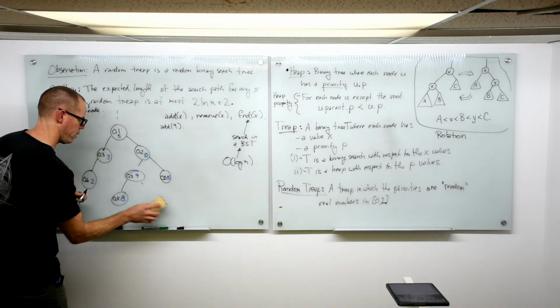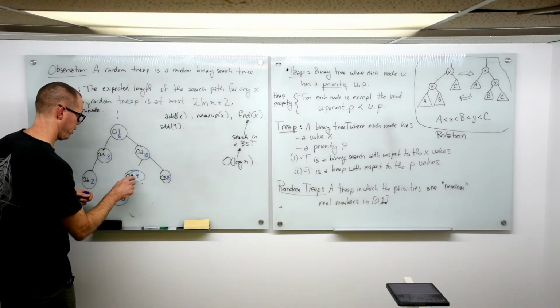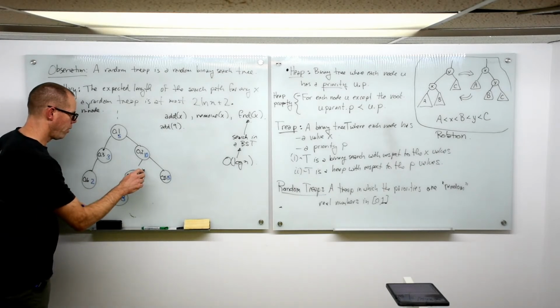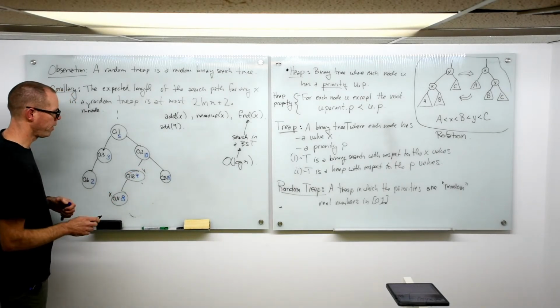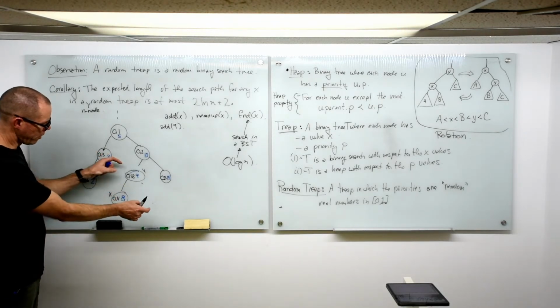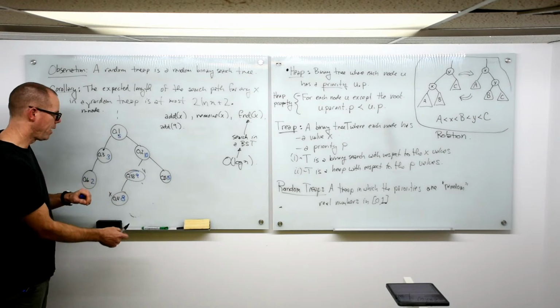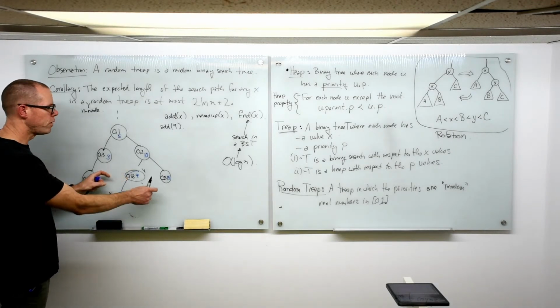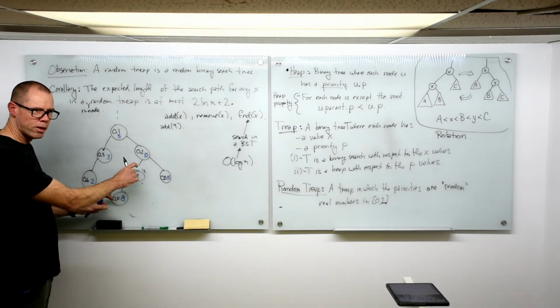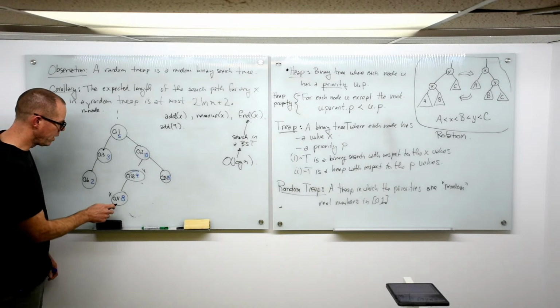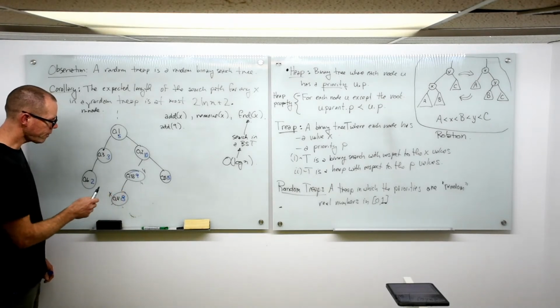So now I have y up here and x down here. These were in the wrong order before. X was the parent of y. I wanted it the other way around. So I just do a rotation that changes the relative order of those things. If there were subtrees attached to this, they would still be attached.